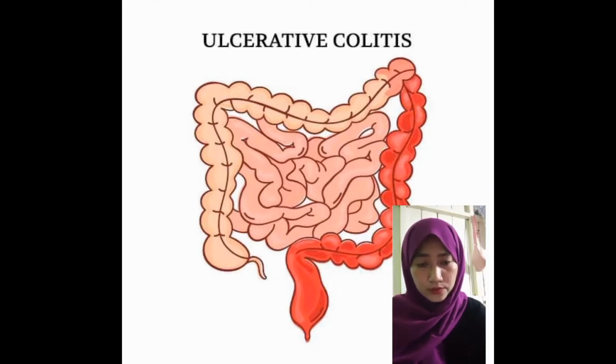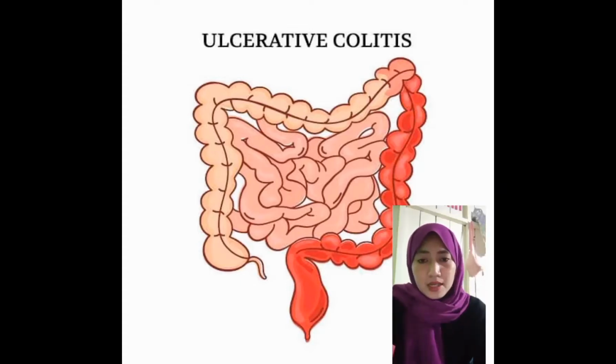It belongs to a group of conditions called inflammatory bowel disease, or IBD. It often causes diarrhea with blood, cramping, and urgency. Ulcerative colitis is a long-term condition where the colon and rectum become inflamed.